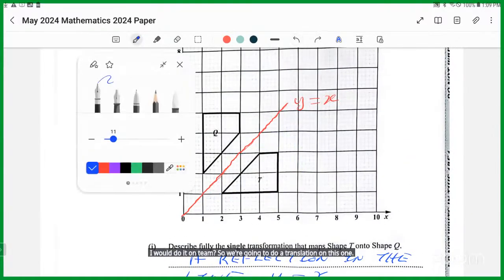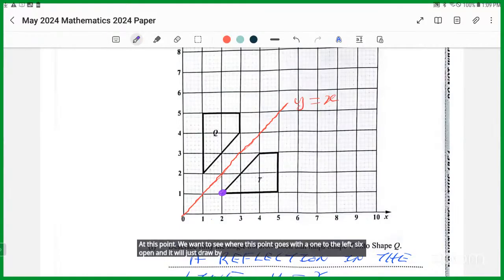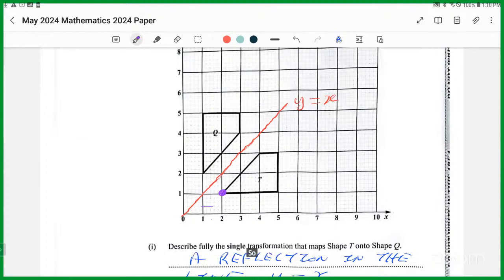All we have to do really is do the translation with 1 point first and then draw the shape around that 1 point. Let's throw it in purple. So let's say we're doing this point. We want to see where this point goes with 1 to the left, 6 up. We don't have to do all the points. So 1 to the left, check the unit.